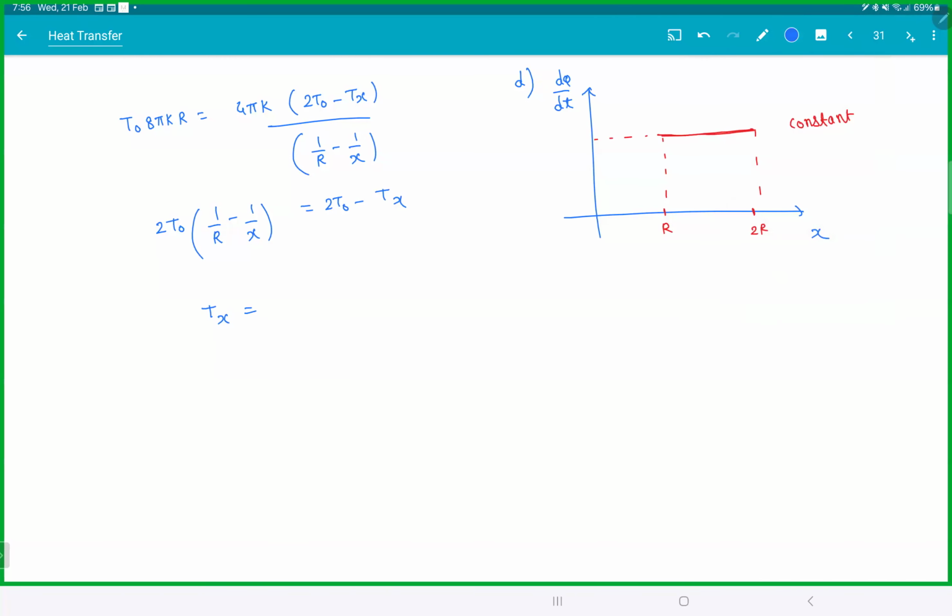Fair enough? Next thing, dq by dt is also minus kA dt by dx. So here, dt by dx. Now remember, this is constant. K is also constant. So dt by dx is proportional to minus 1 by area, which is minus 1 by 4 pi x square.